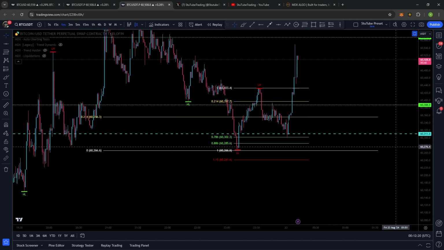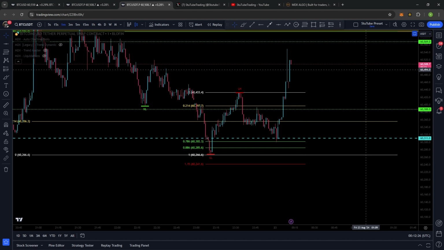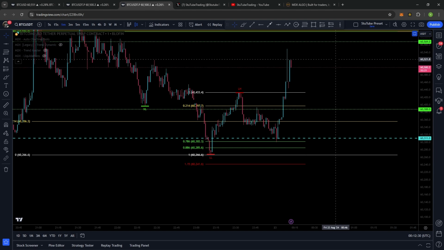So this is a live example of why I love the 786, 886 fib pocket so much, right? And why I've basically started trading pretty much only that. Even though I look at indicators for second opinions on which way to be trading, notice how, throwing it all together, the 1 hour was showing higher trending buy signals, so there's a chance of continuation to the upside.